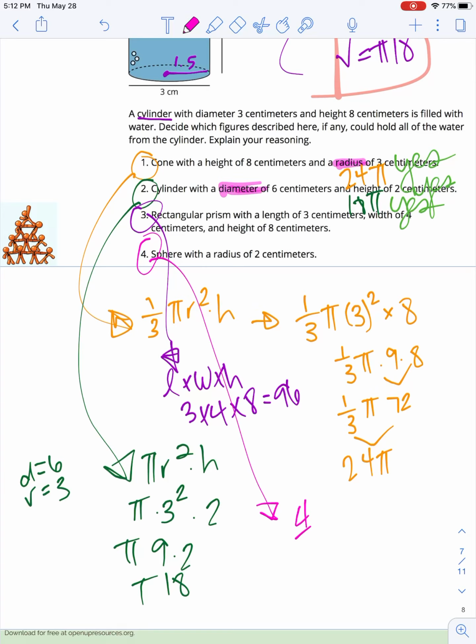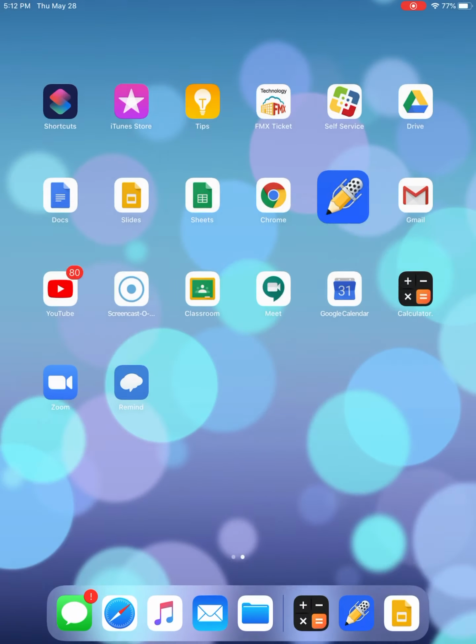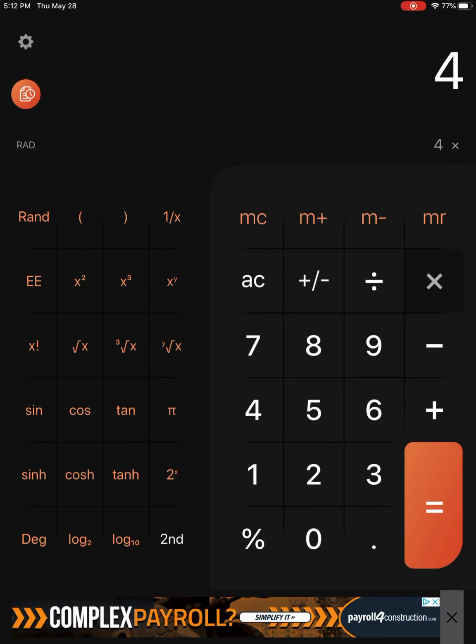So 4/3 pi r cubed. 4/3 pi times 2 cubed. And that's 2 times 2 times 2. Like this, 4 times 2, that's 8. It's 4/3 pi times 8. 32 divided by 3. Let's just multiply it to be safe, since I'm making lots of simple mistakes right now. 4 times 8 divided by 3.